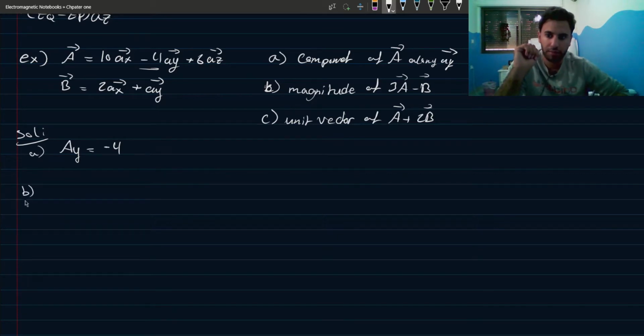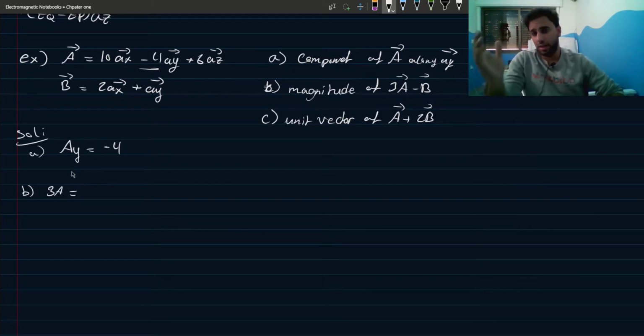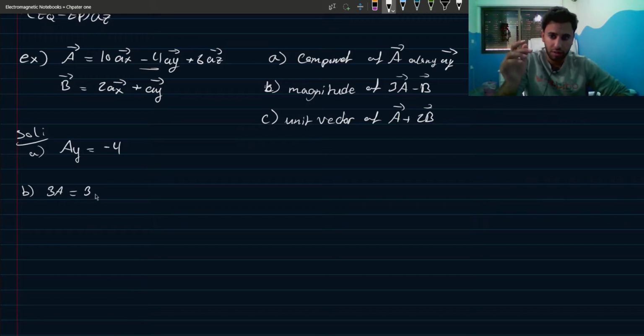Now for B, the magnitude of 3A minus B. First of all, what is 3A? It is essentially a scalar with a magnitude of 3 multiplied by the vector A. You distribute the 3, so it becomes 30 AX minus 12 AY plus 18 AZ.